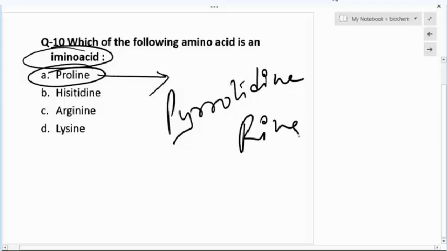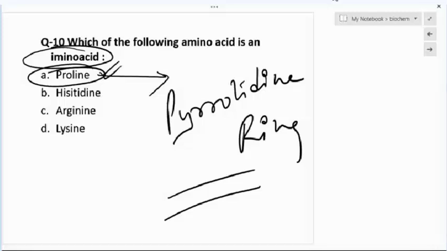So pyrrolidine ring, this name you remember, it's a characteristic finding seen in proline, and this is an imino acid, not an amino acid, because it's not having NH3 plus, rather it's having the NH2 plus in it. And the special structure which is there in the proline is the pyrrolidine ring, which is made between the amino group and the side chain.